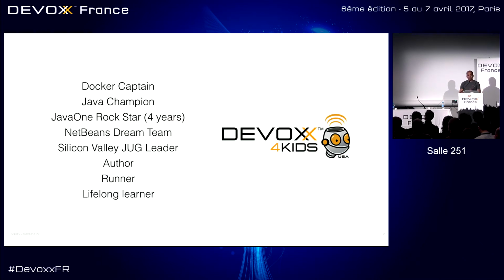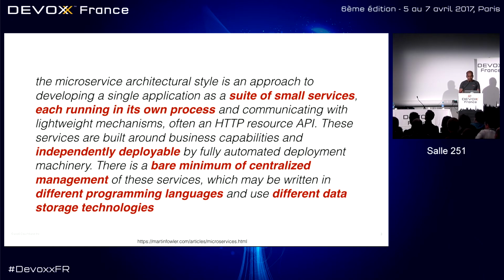Something that I personally believe in is DevOps for Kids. As you saw in the opening keynote this morning, DevOps for Kids is an initiative to teach kids and get them excited about technology at an early age. I run the organization in the US, and we have several chapters across the US, which I am happy to coordinate.